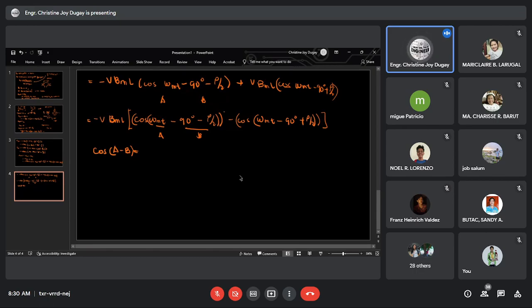Cosine is cos sin yata. Check nga po ninyo, that is cos. Yes, ma'am. Cosine A, cosine B. Kapag negative, dapat positive dito. Plus. And then sine A, sine B. Ganyan siya.